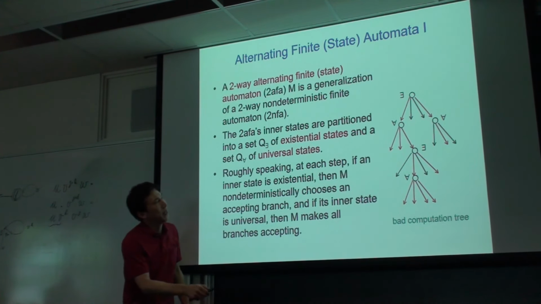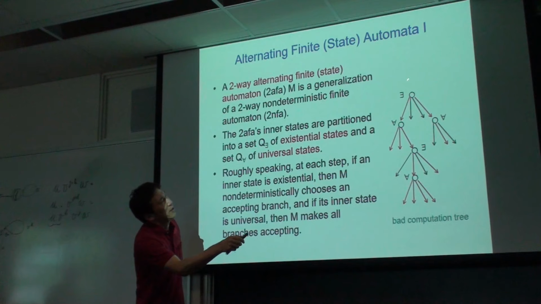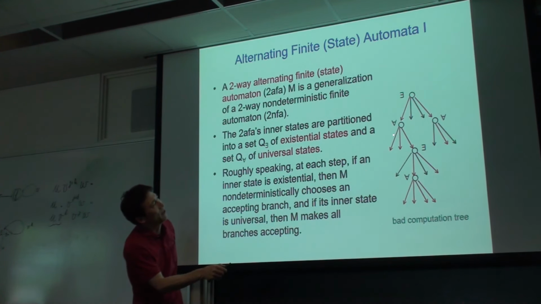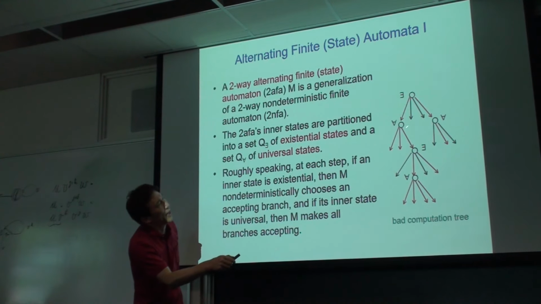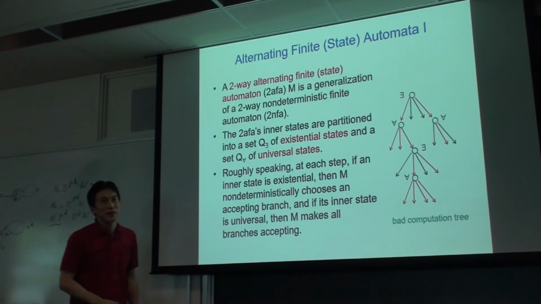And roughly speaking, at the existential state, the machine needs at least one accepting branch, and if the machine enters the universal state, it has to have all accepting branches.